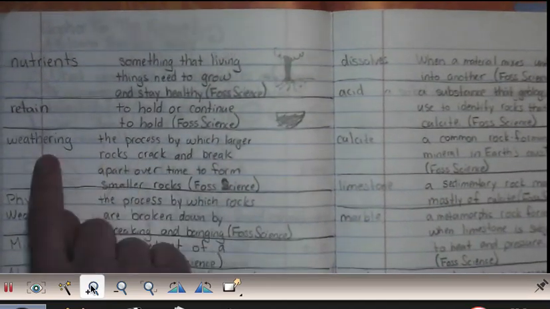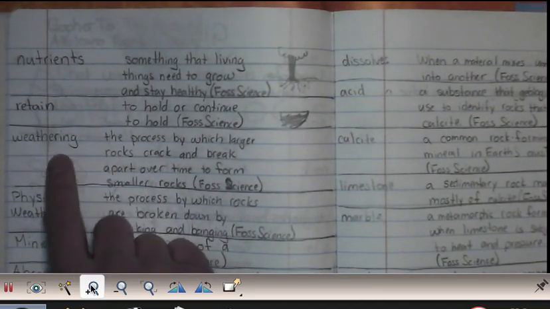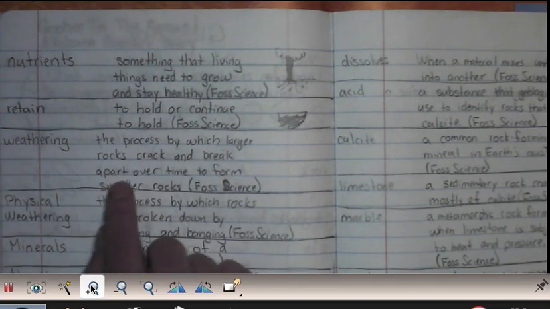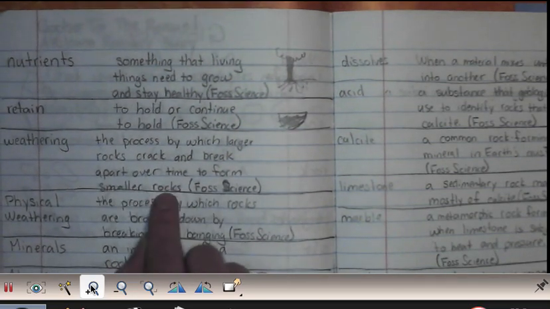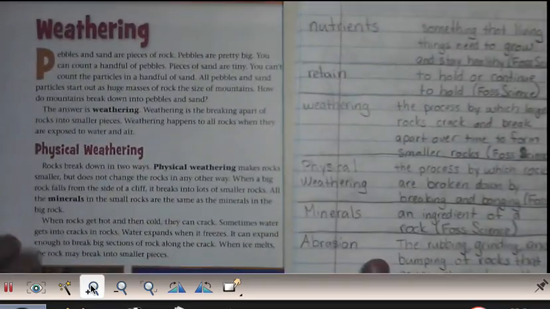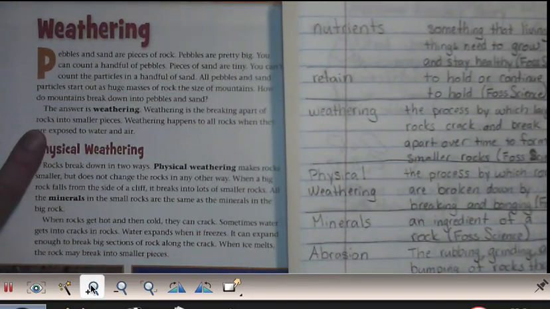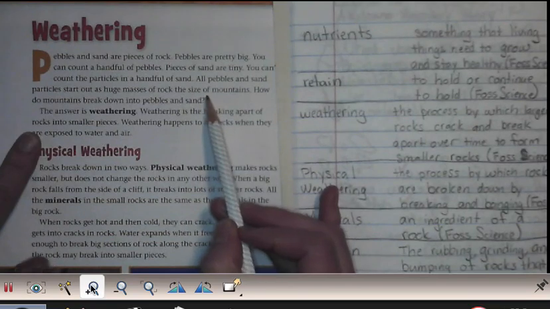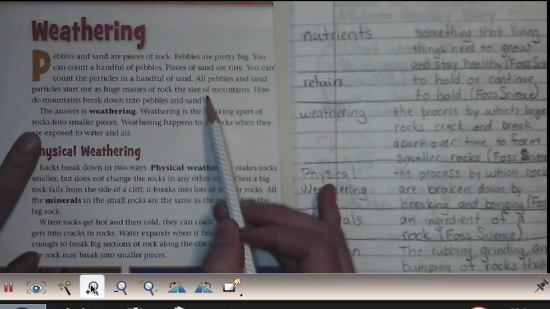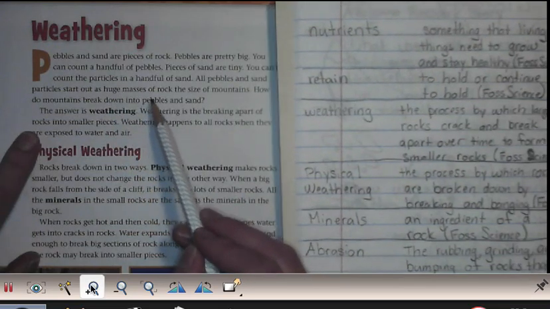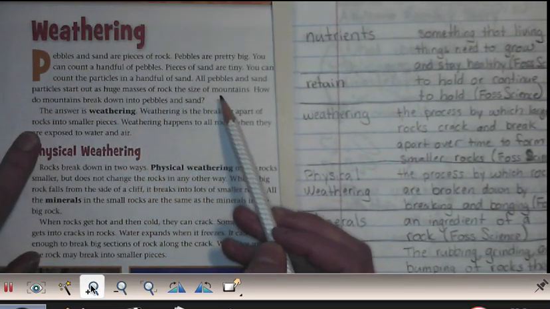So I'm going into my notebook at my glossary and looking at that definition that we wrote down. Weathering is the process by which larger rocks crack and break apart over time to form smaller rocks. Something that I am thinking about in this passage, and that image that was put into my head as I read, was this image of pebbles and sand particles starting as a huge mass of rock the size of a mountain.